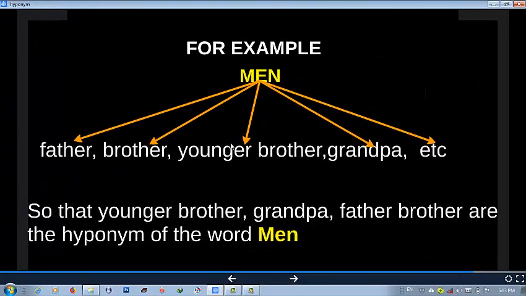Alright, here is the fourth example. When we talk about man, you know exactly that it is the opposite of female, or we can say male.